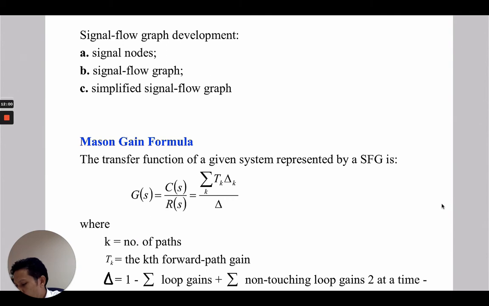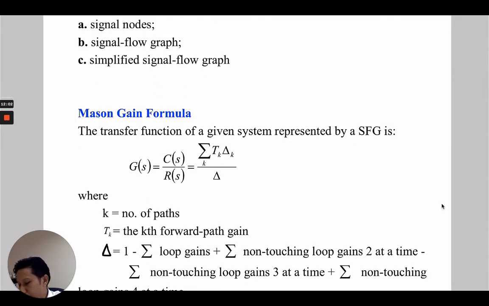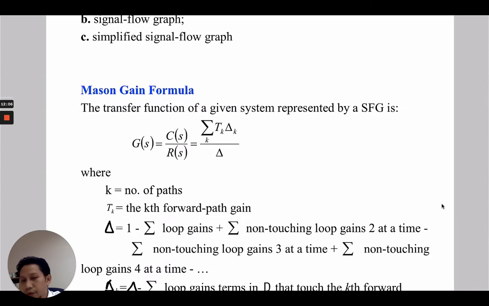When we do the signal flow graph, we can find the simplified version of the system. Previously, with block diagram reduction, we found the simplified version of the block diagram.